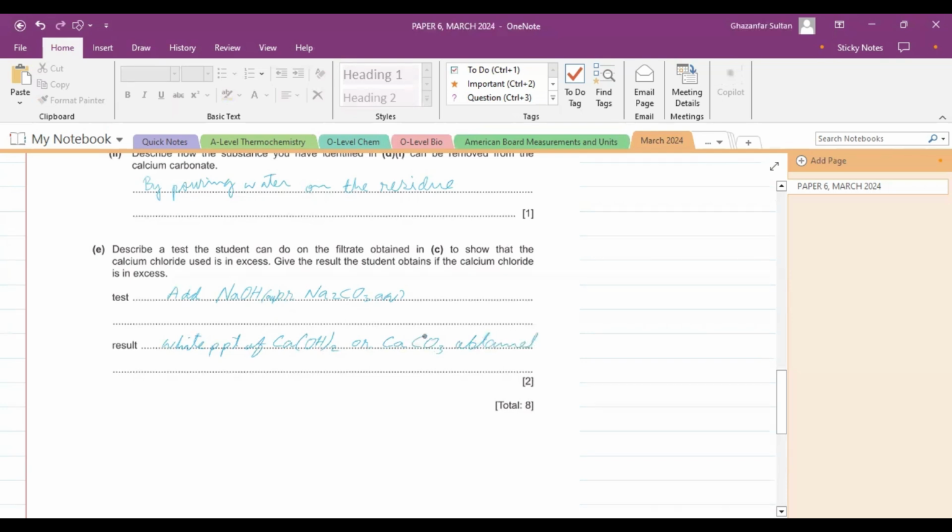So it shows that calcium chloride was in excess. The remaining calcium passes through the filter paper and is part of the filtrate now. So this is one of the ways.